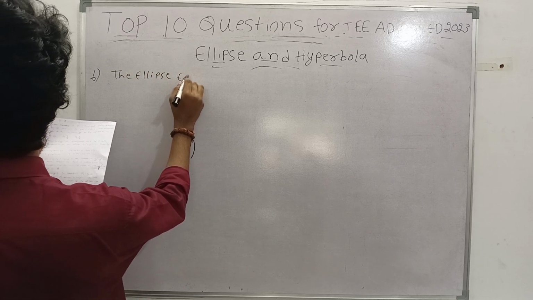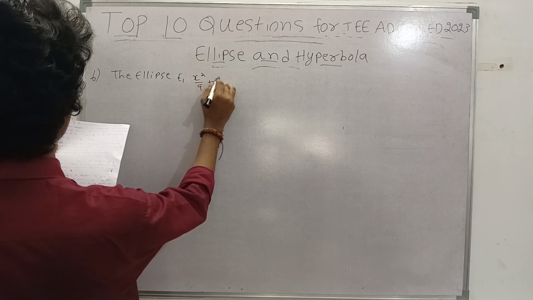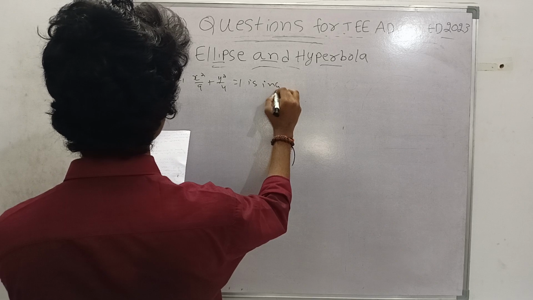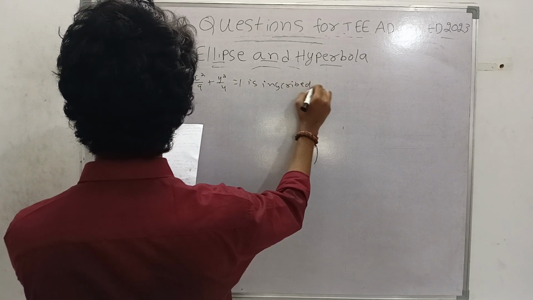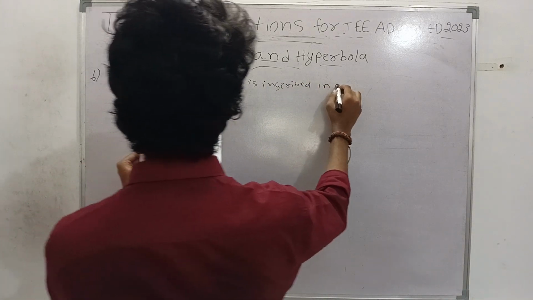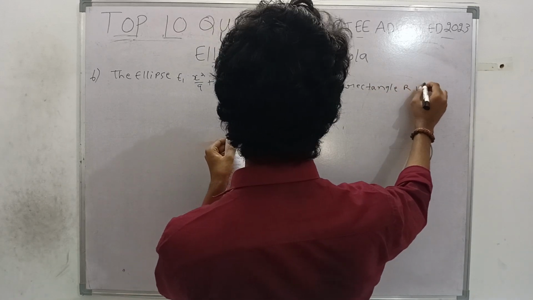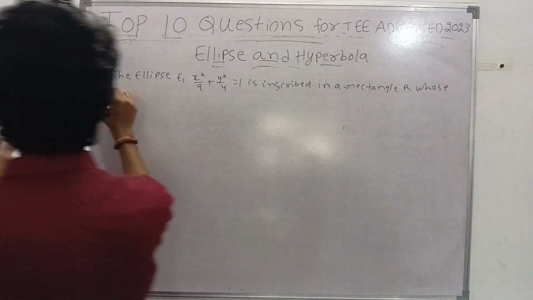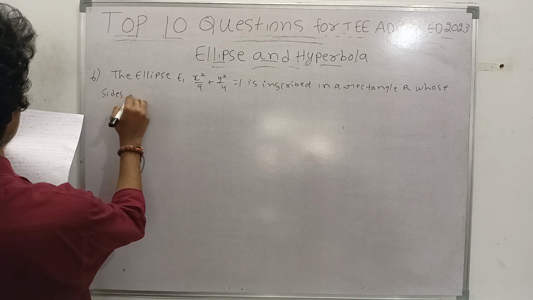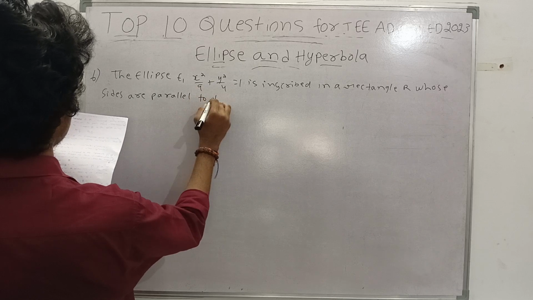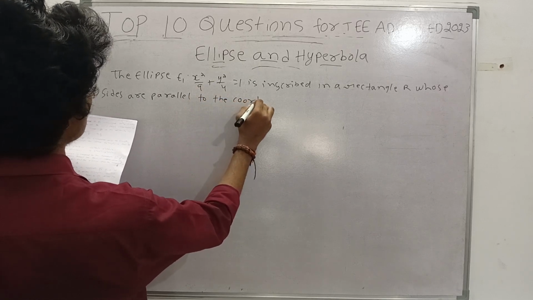The ellipse E1, x square by 9 plus y square by 4 equal to 1, is inscribed in a rectangle R whose sides are parallel to the coordinate axis.